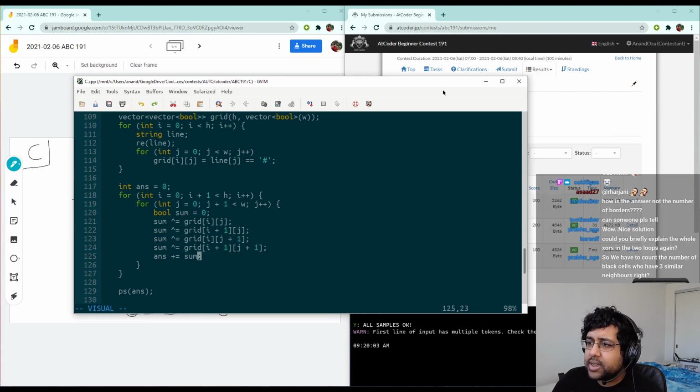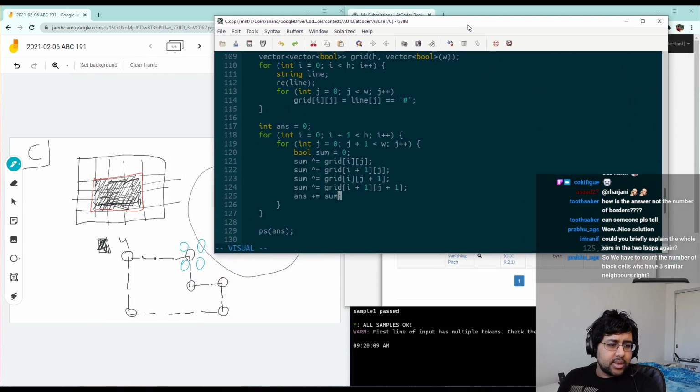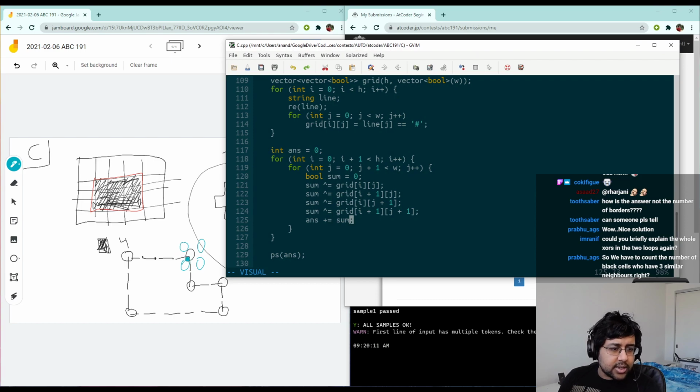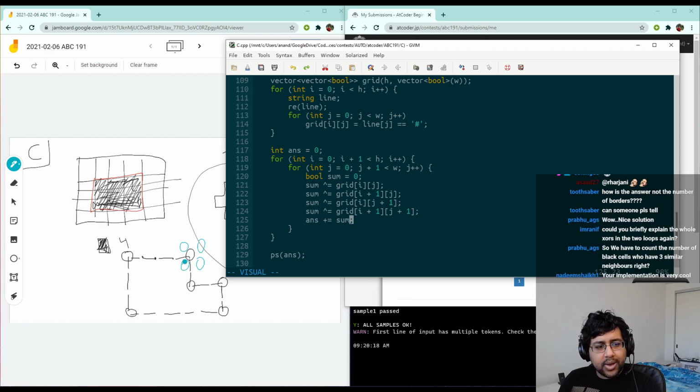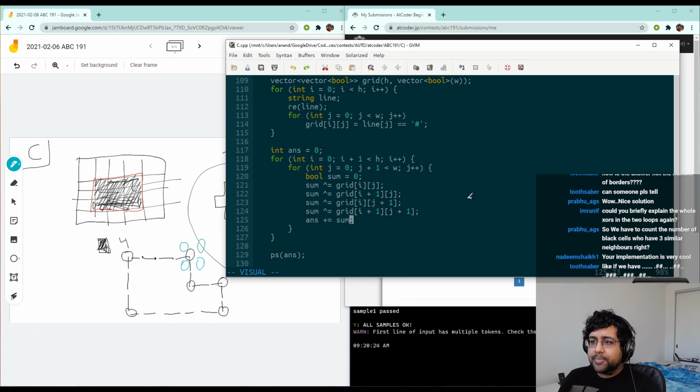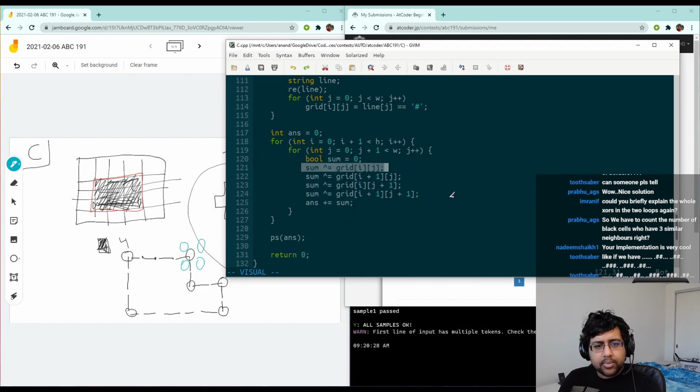Cool. And then someone said we have to count the number of black cells with 3 similar neighbors. Yeah, that's right. So after the insight from the chat that you can count the corners, the way that I counted corners is you have a corner only if you have 1 black cell and 3 white cells, or you have 3 black cells and 1 white cell. So what I did is I just took this 2x2 box, and then in the 2x2 box I XOR all the values.